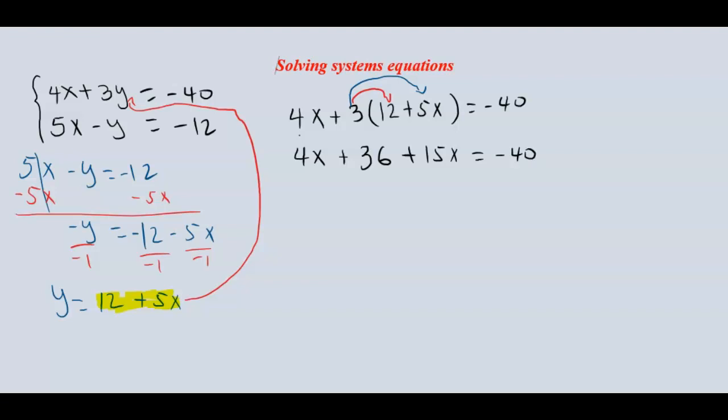Now we can combine like terms: 4x plus 15x is 19x, plus 36 equals negative 40.